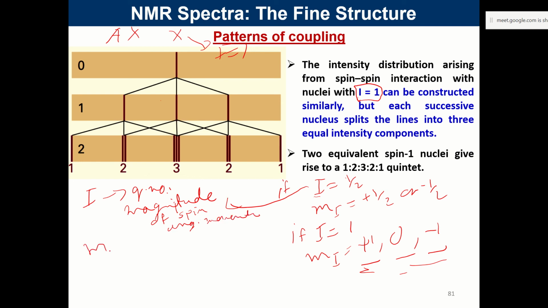And the mI that I am writing is the quantum number that gives you the Z component of the spin angular momentum. So if you remember the basics and have understood them, you will never have trouble understanding why there we saw 2 splittings and here we see 3, right?